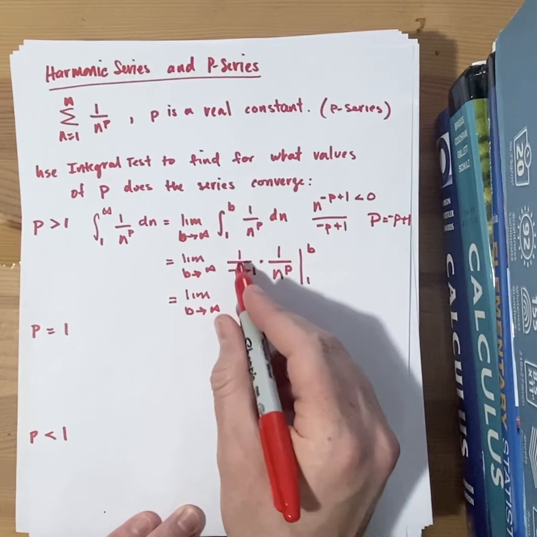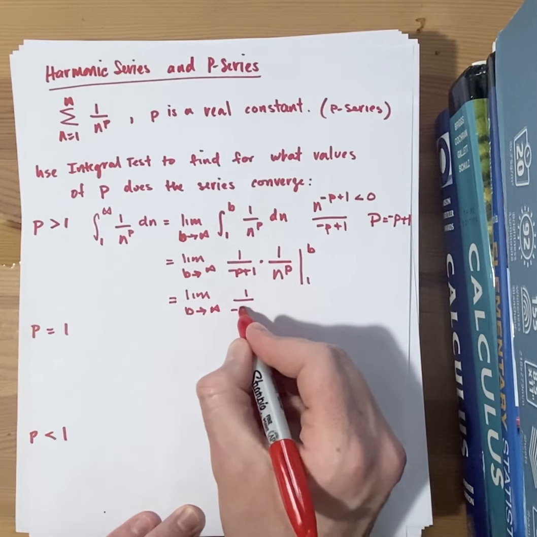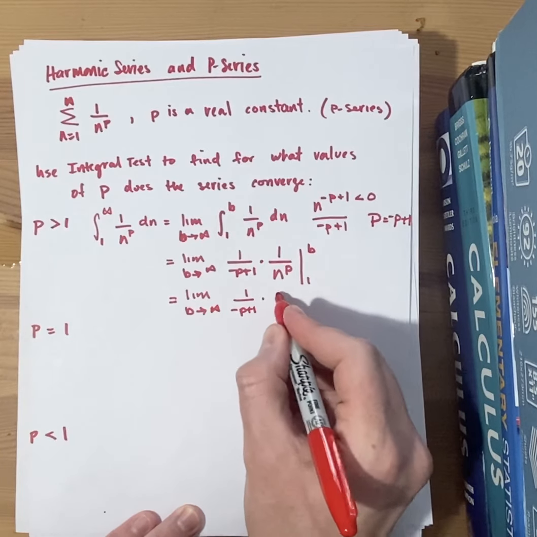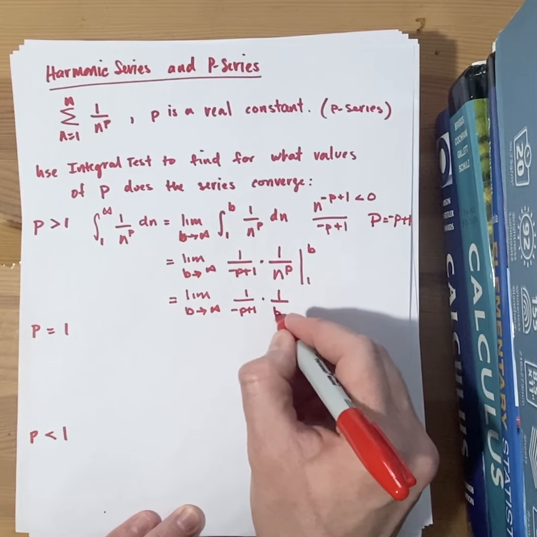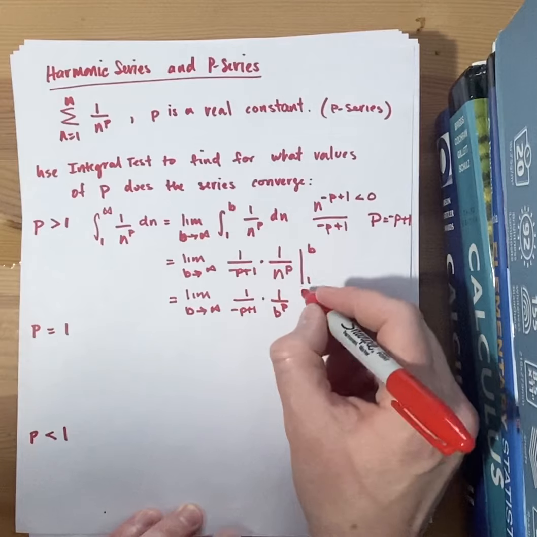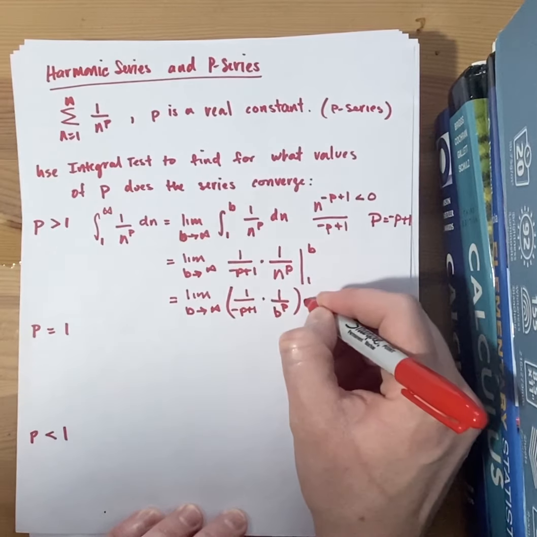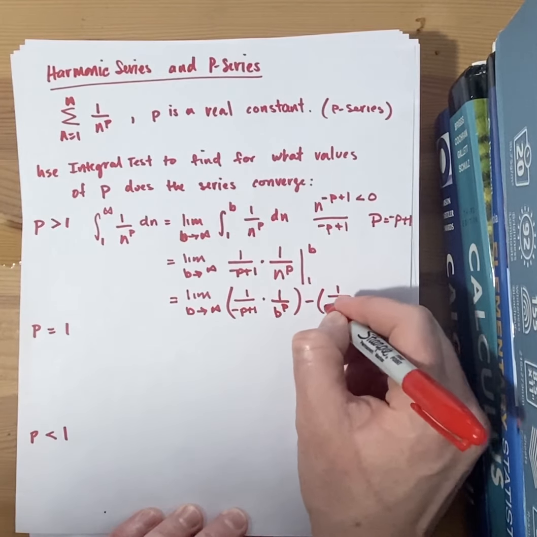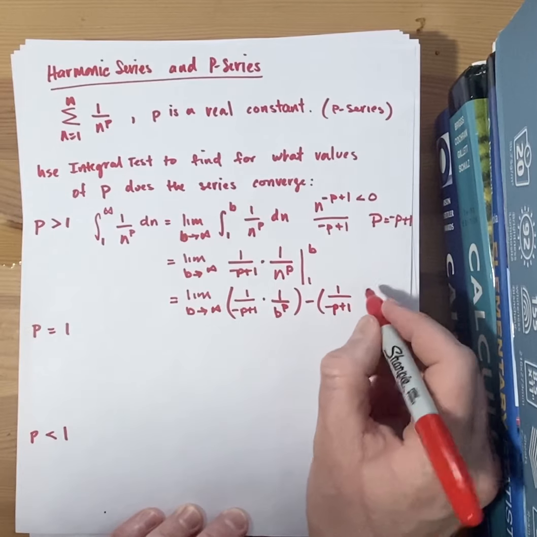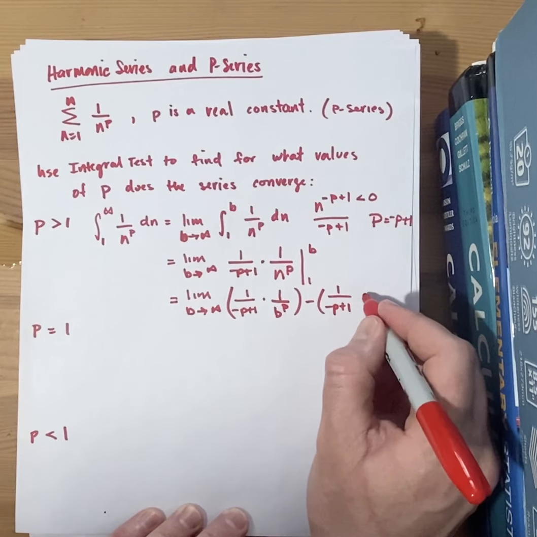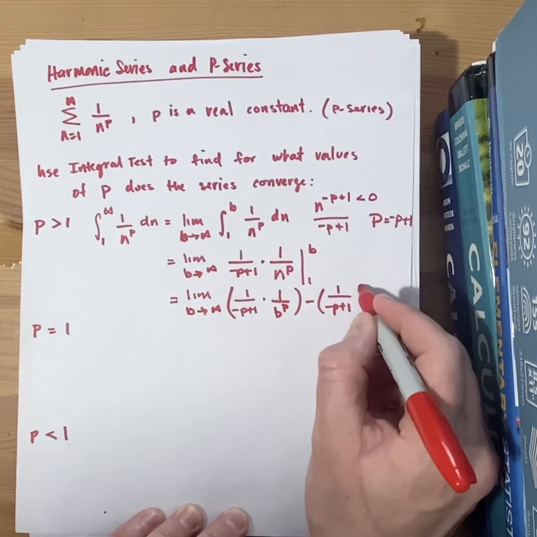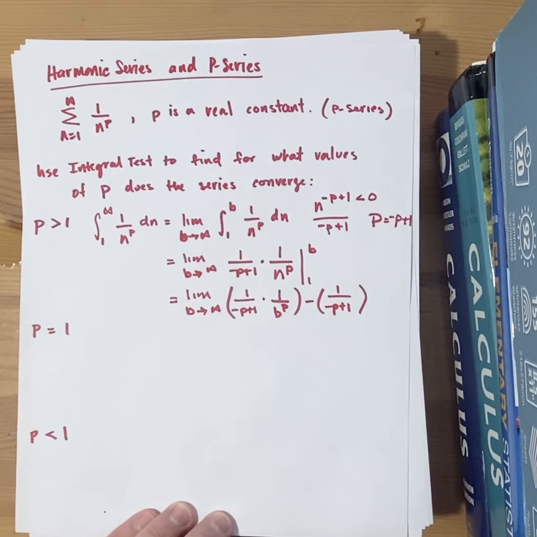Okay, so here now what you have is 1 over negative p plus 1 times 1 over b to the capital P power, minus the 1 over negative p plus 1 times, this will be 1 over 1, so you just get 1 there, okay?